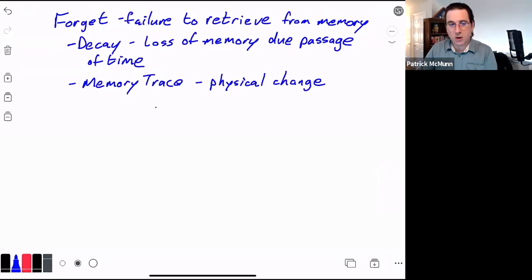So we look at the neurons that are created when learning or memory is formed. If there's anything that supersedes that, which we'll talk about with retroactive and proactive forgetting or interference, those neural pathways are interrupted. They might be superseded by other neural pathways. So that's what memory trace is talking about.